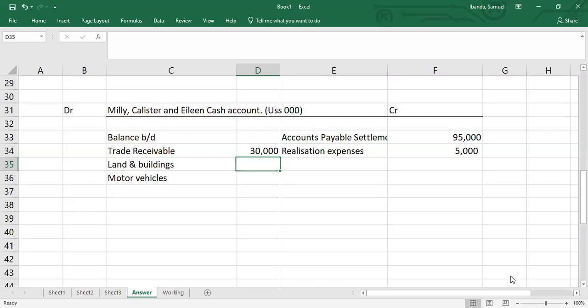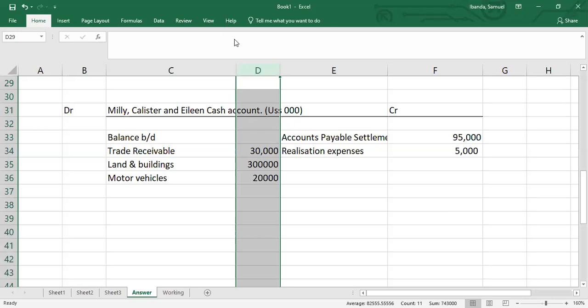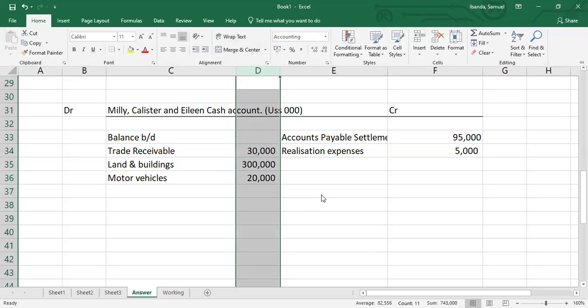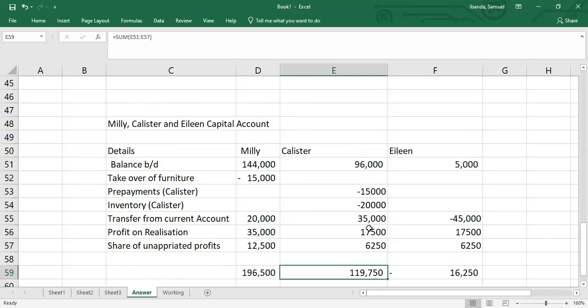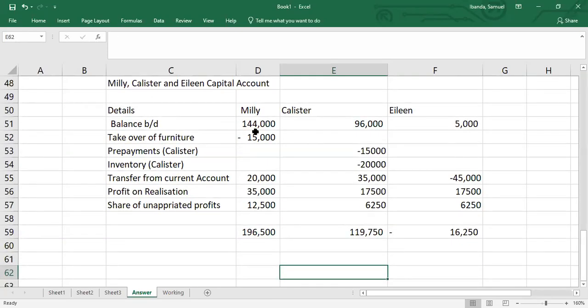This was 300,000 and 20,000. Okay, that was what we had there. Yeah, that is what we basically had. So this, the takeover franchise 15K. The same thing also happened with the prepayments that were taken over.